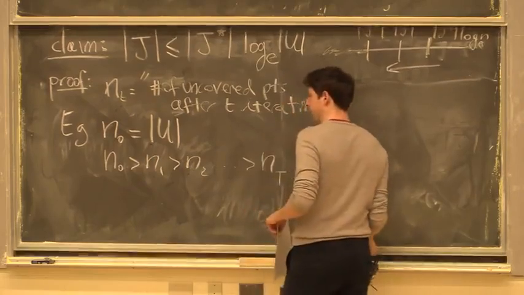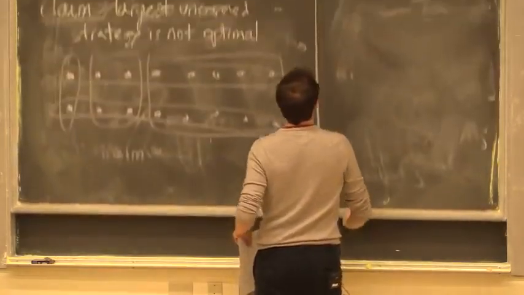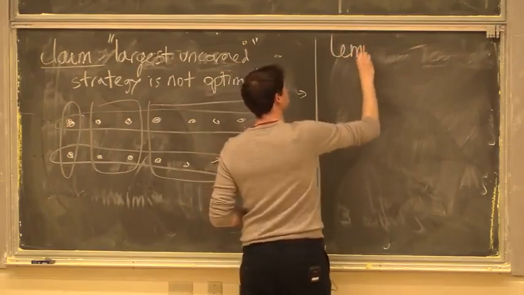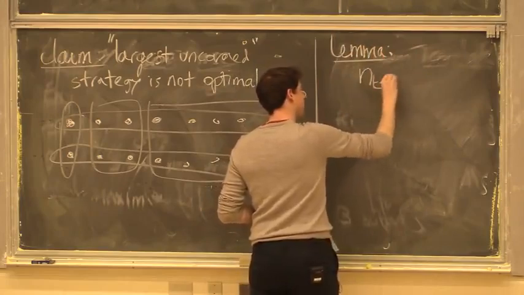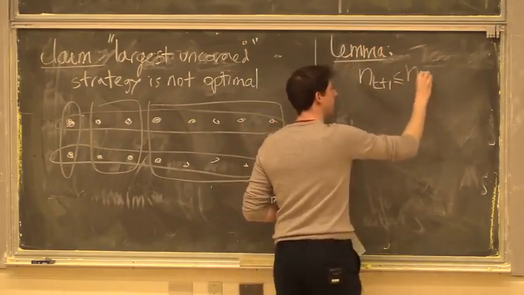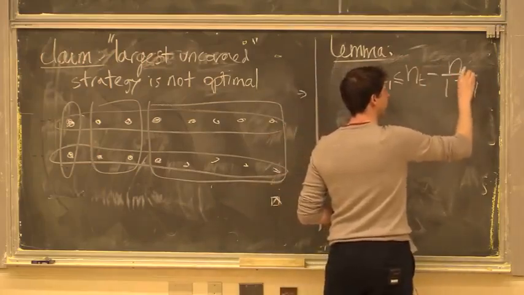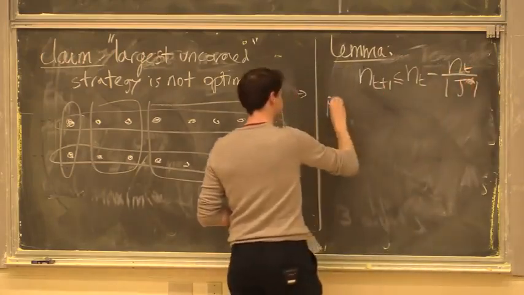So let me do it properly. n_{t+1} is at most n_t minus n_t over J star. Proof.